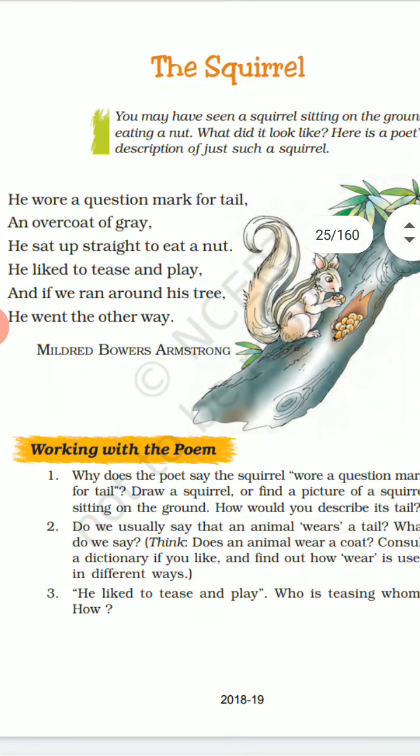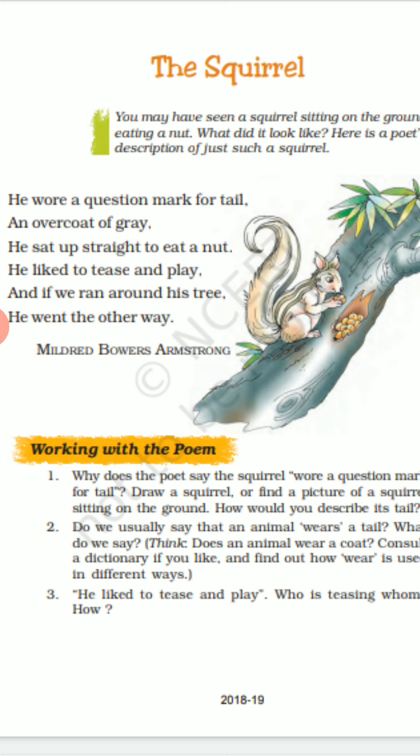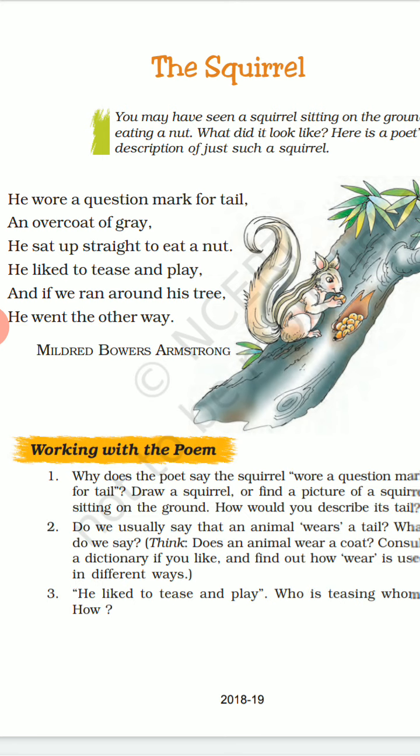So the poet says that whenever this squirrel tries to eat a nut, the squirrel sits up straight. You might have seen a squirrel running here and there, but you might also have seen the squirrel's behavior, how they eat their nuts.